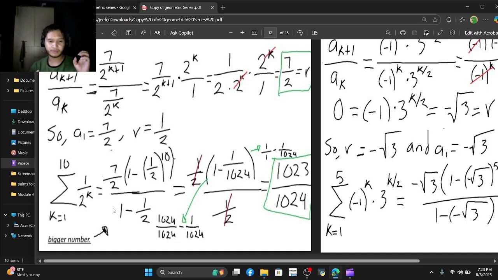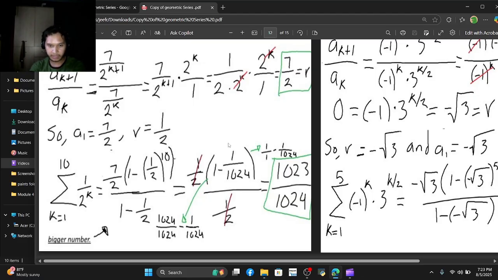But if you're subtracting a negative number minus a negative number, you will get a larger number, but negative though. So this 1 minus 1/2 is 1/2. This 1/2 gets divided by 1/2. We get rid of the division.